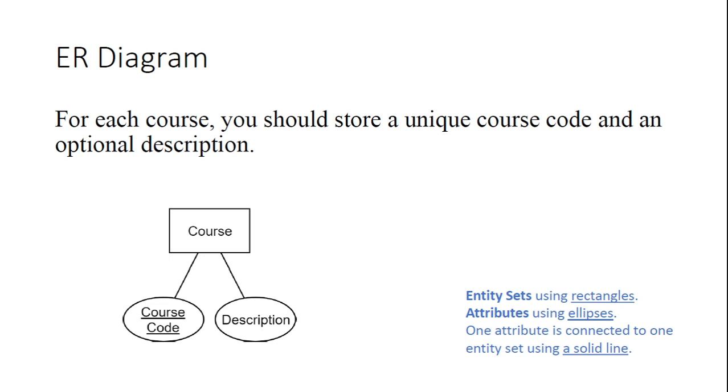So in the description we can have additional information related to the later stages of the project, but being optional is not represented in the ER diagram. In the ER diagram, what we show is what we are going to store. So we need to store a field for the description for a course. Whether in the real entry it is included or not is not a case for the ER diagram.